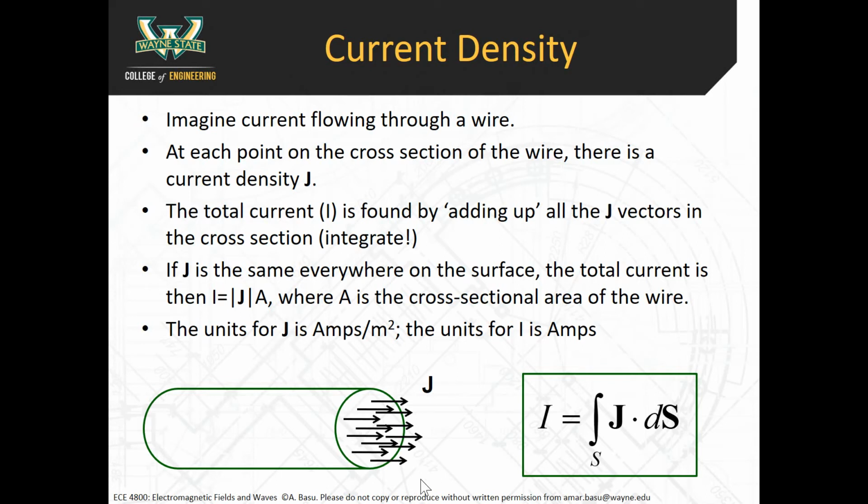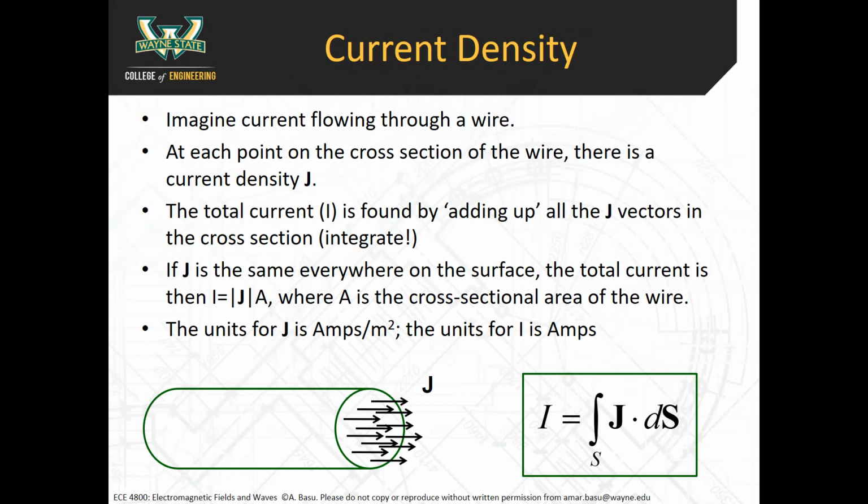Does anyone know why we even bother with current density? This is a simple case where the current density is the same everywhere in a wire like this. But if you have different types of materials where the conductivity might be different in different places, or bends in the materials, or other types of geometries, then the current densities can actually be different in different parts of the material.